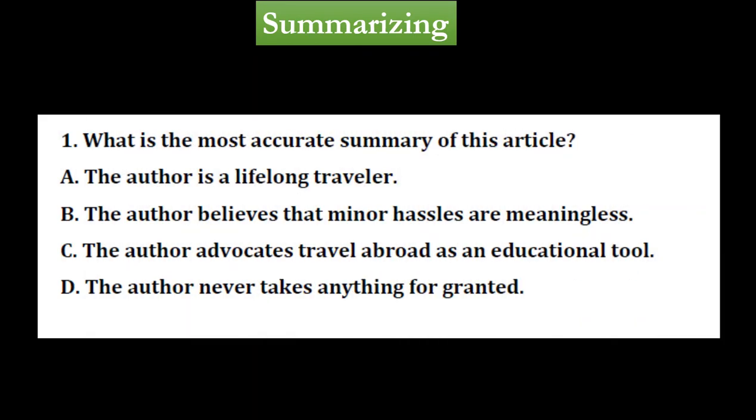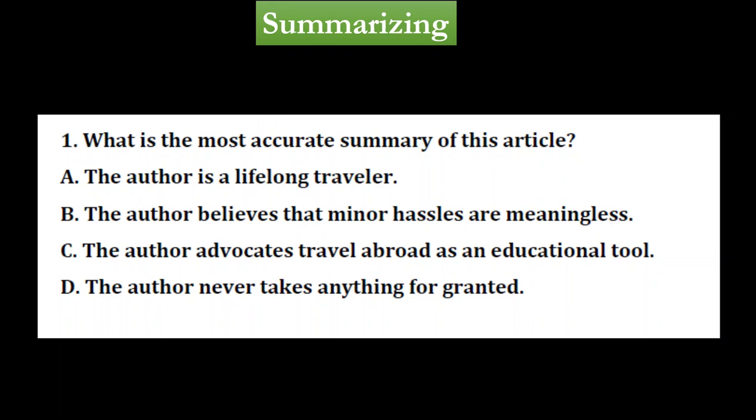Another thing that you have to be able to do is to summarize a text. By summarizing, we mean finding the main ideas of the passage. So an example of such a question would be, what is the most accurate summary of this article? That is, summarizing the whole article. We have 4 choices always.